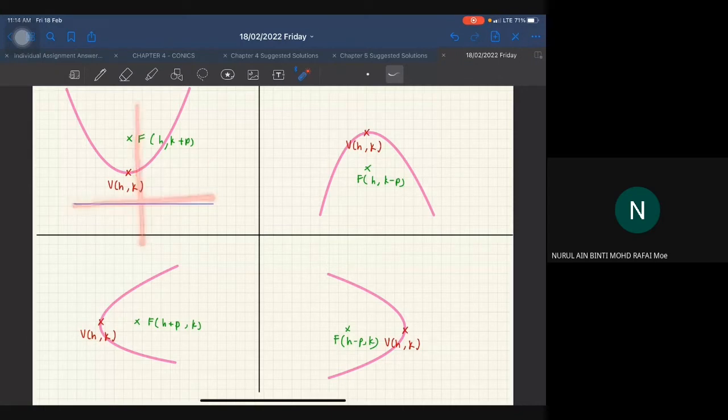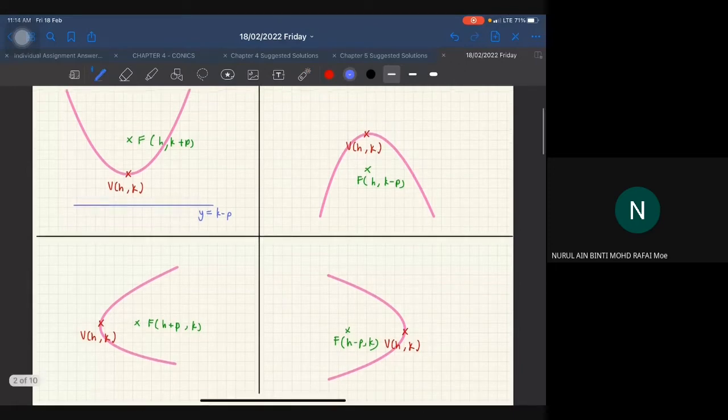Meaning that dia adalah value of Y. So awak punya equation dia akan jadi Y equal to something. Okay, so dia akan jadi Y equal to K minus P. Kenapa minus? Sebab dia terbalik sahaja dengan foci awak. Kalau foci kita adalah K plus P, directrix dia akan jadi K minus P. So dia tukar je, terbalik sahaja.